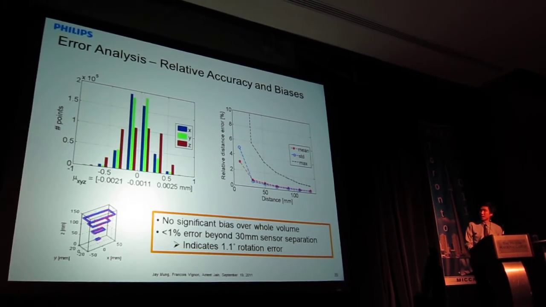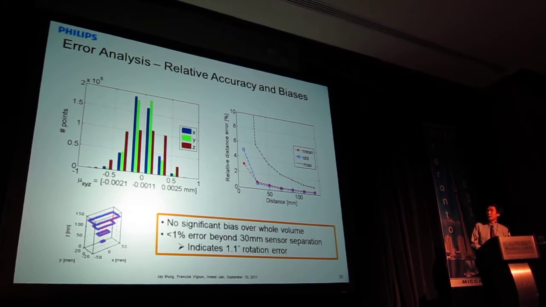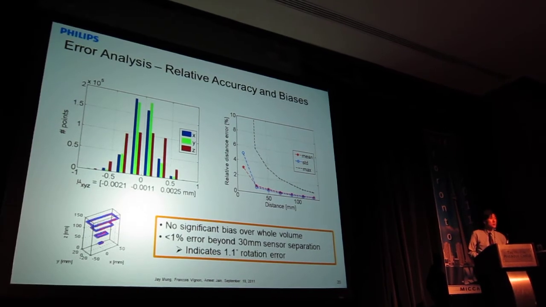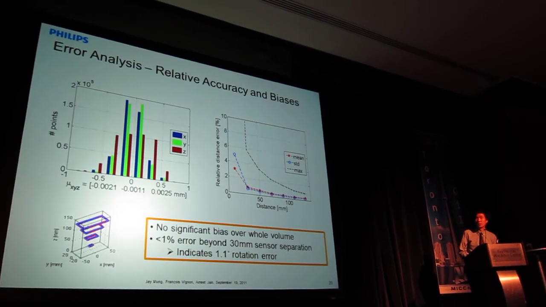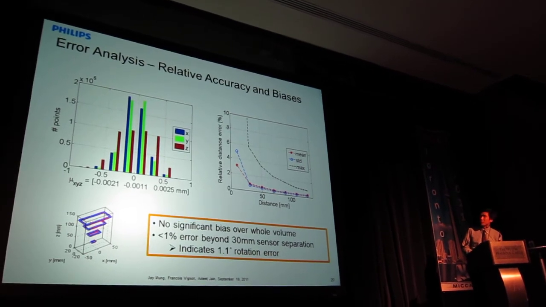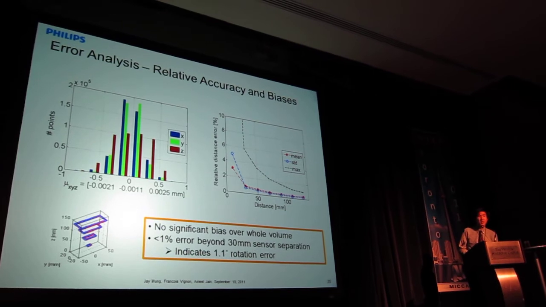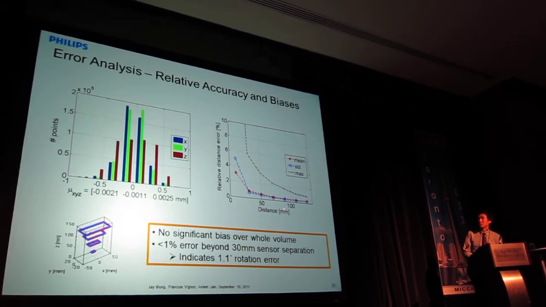If we dig into the data a little bit more, we can plot a histogram of the X, Y, and Z biases, and this tells us that we have no significant biases in any direction throughout the imaging volume. And we can also plot relative distance error as a function of the distance between any 2 points we choose within our sample space.